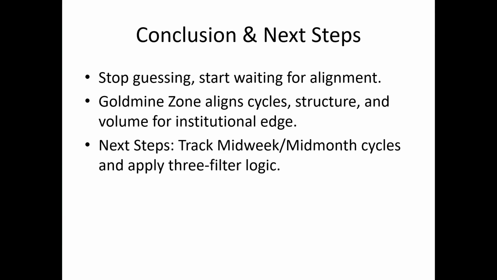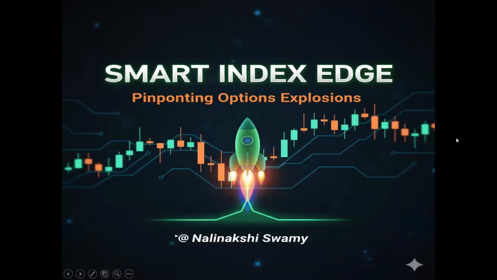All the three should be there. If you do not have that, you are going to lose money. So, next, apply midweek, mid-month cycles and apply the 3 filter logic. So you will be with the smart index edge, pinpointing options explosions.